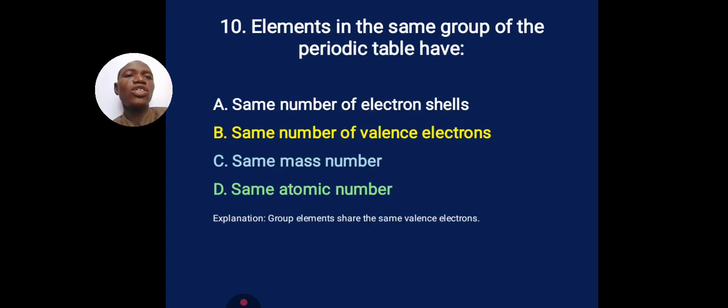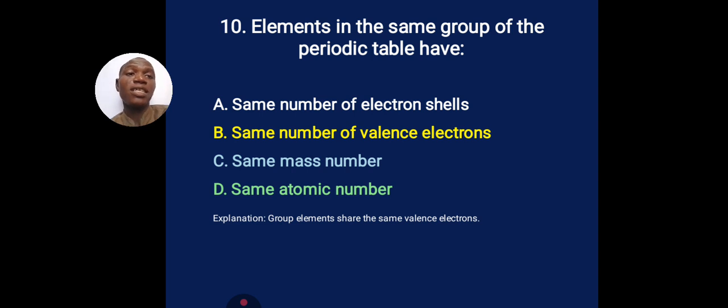Okay, question 10 says the elements in the same group of the periodic table belong to the same group. What do they have in common? This is what we call periodicity. A, the same number of electron shells, same number of valence electrons, same mass number, same atomic number.